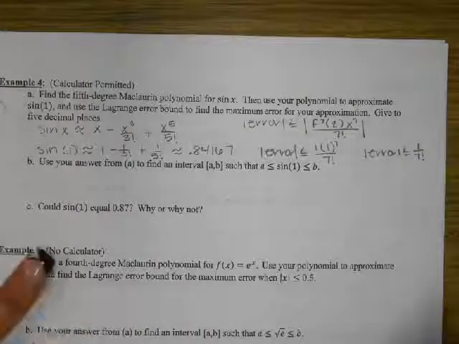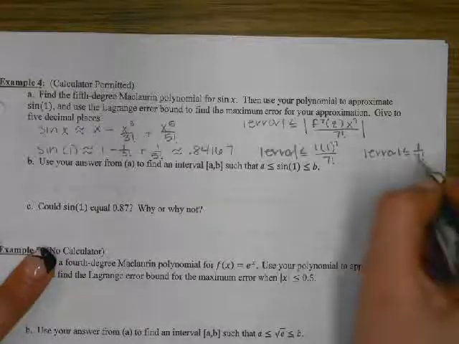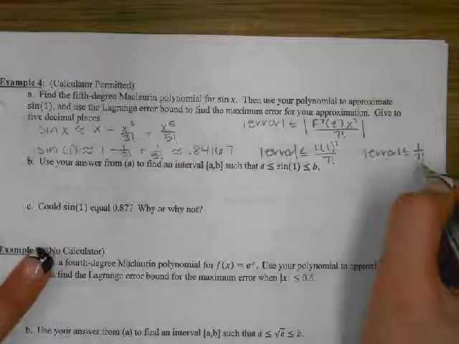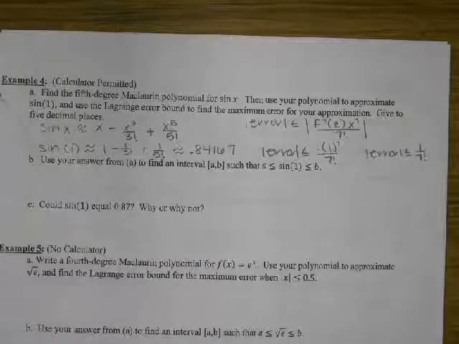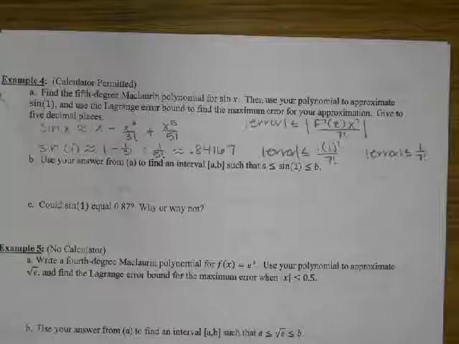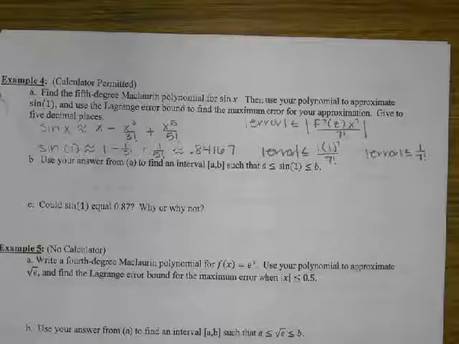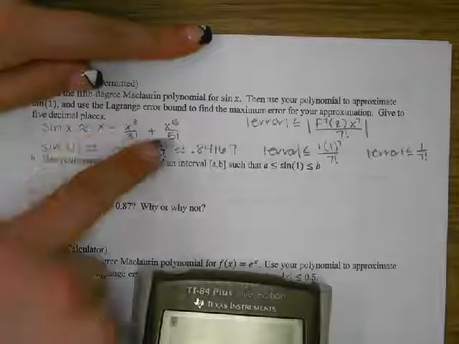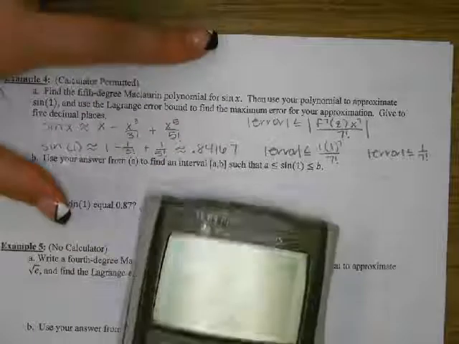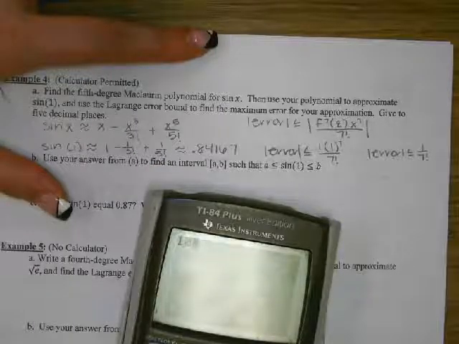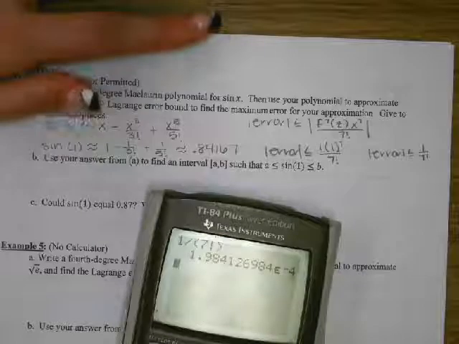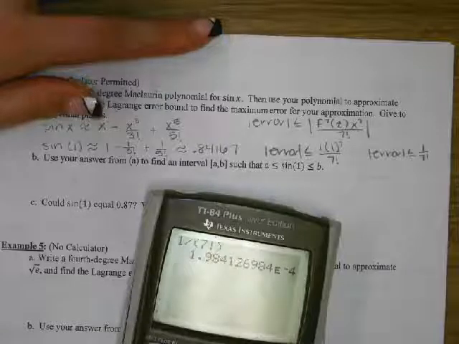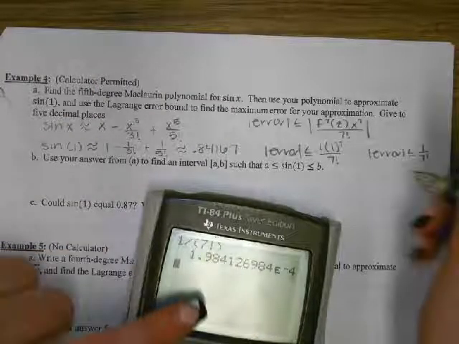All right. So they said to find the maximum error for our approximation and to give that to 5 decimal places. So what they mean by maximum error is how far off is your answer. So if we used all these terms and we plugged in 1, how far off could our answer be? It means I need to take my decimal and move it 4 places to the left.